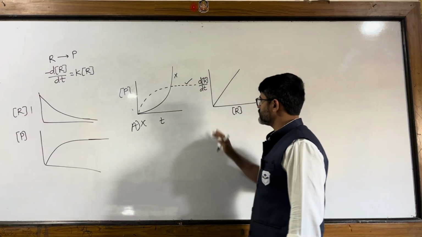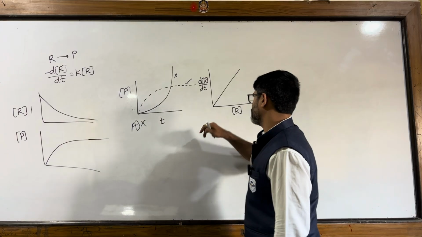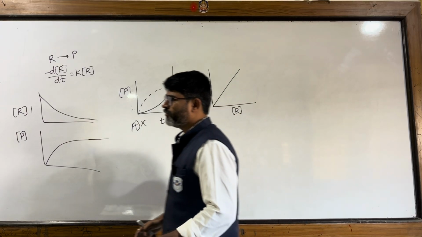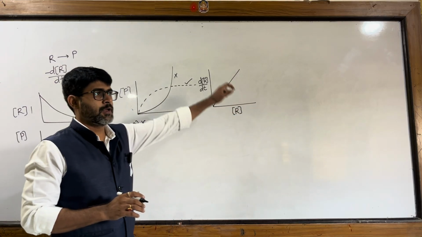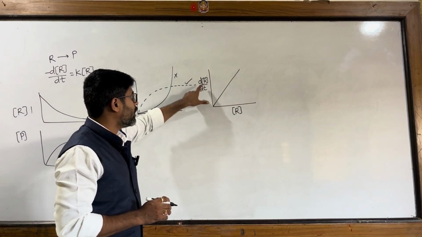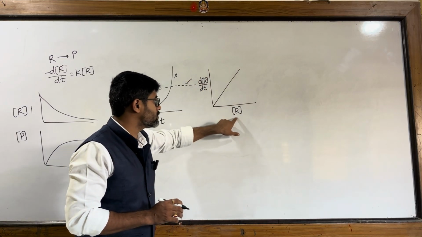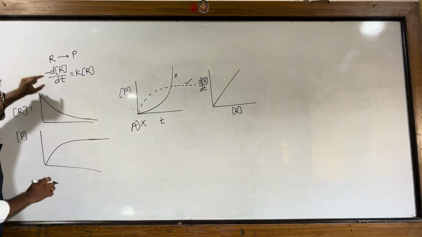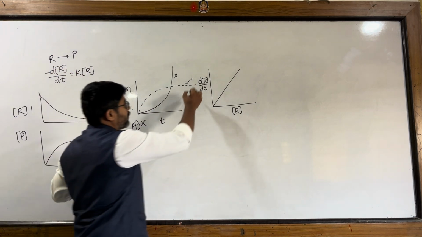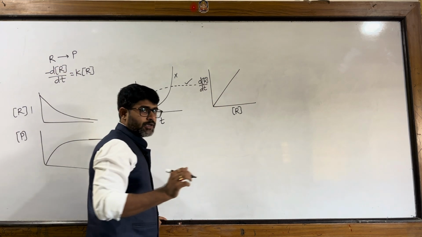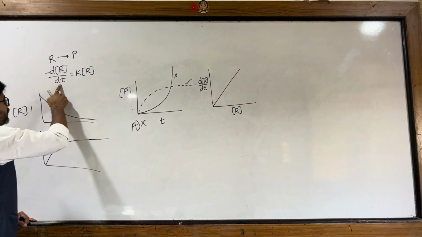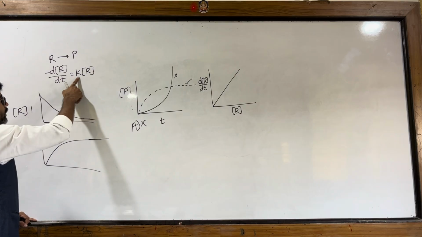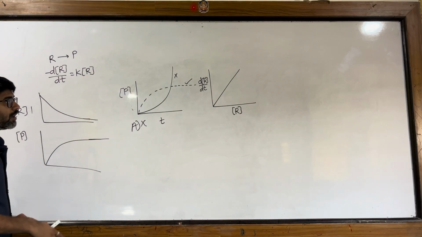If you look at this, then you can say the rate of reaction will increase as the concentration of R increases. If you take the mod, then this graph is correct. But in actual, the correct relation is -d[R]/dt is equal to k times concentration of R.